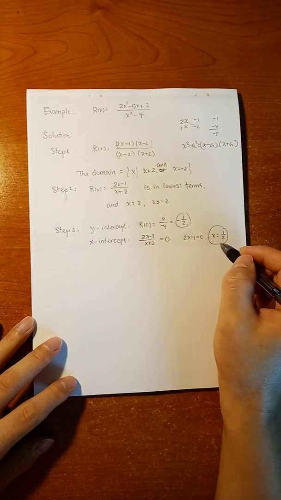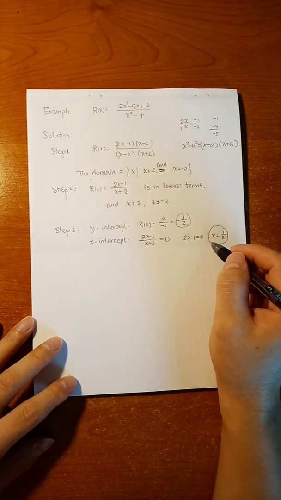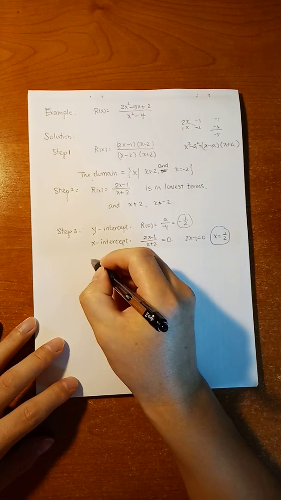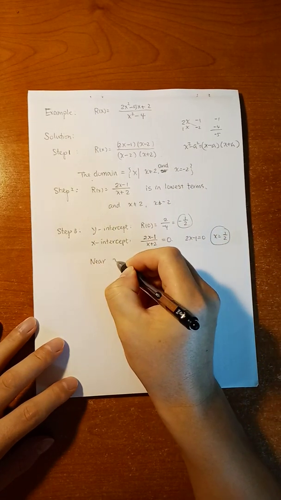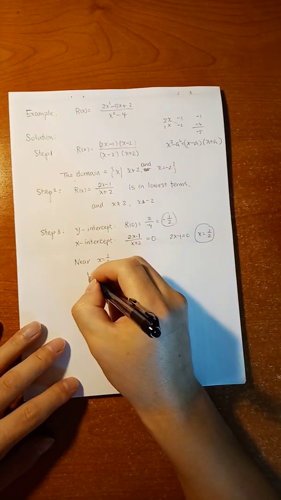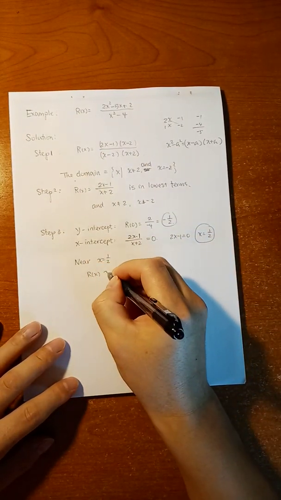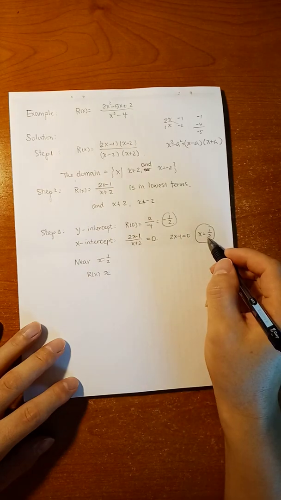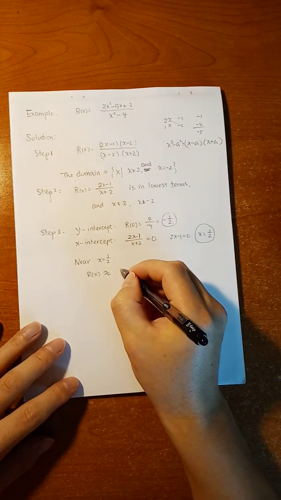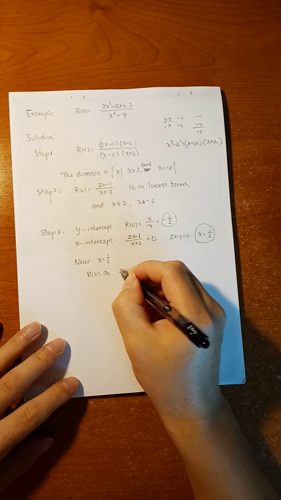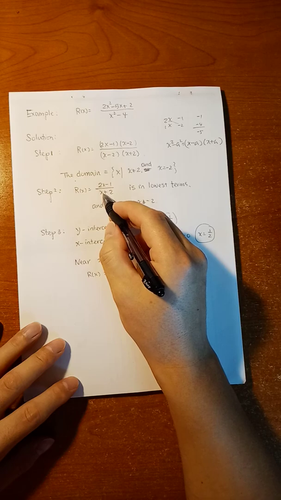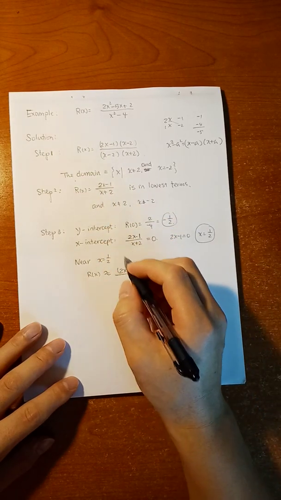And once you have the x-intercept, you're going to study the behavior of the function closer to it. So near x equal to 1/2, what is r of x? r of x is almost, for x equal to 1/2, this comes from the numerator 2x minus 1. You copy 2x minus 1, and in the other terms, you replace x by 1/2.